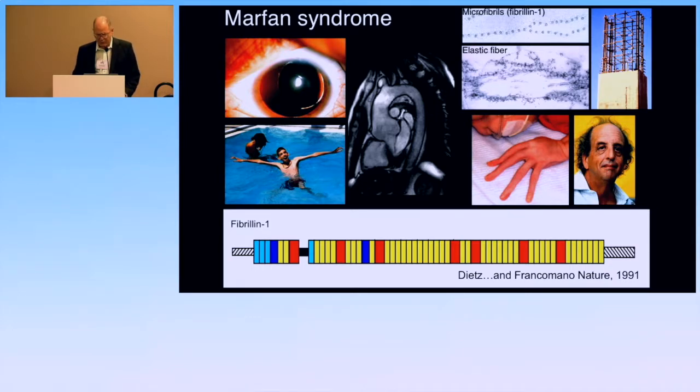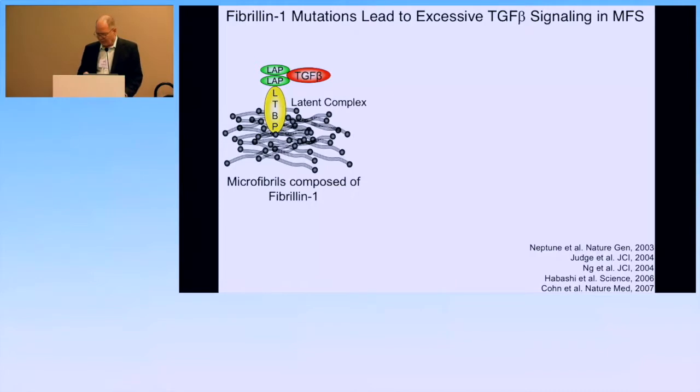So to make a long story short, we and others developed evidence that microfibrils composed of fibrillin-1 serve a second important regulatory function in that they sequester the large inactive complex of a growth factor called TGF-beta and suppress TGF-beta release or activation. This direct biochemical interaction between the large latent complex of TGF-beta and microfibrils was later confirmed by Lynn Sakai and other investigators.